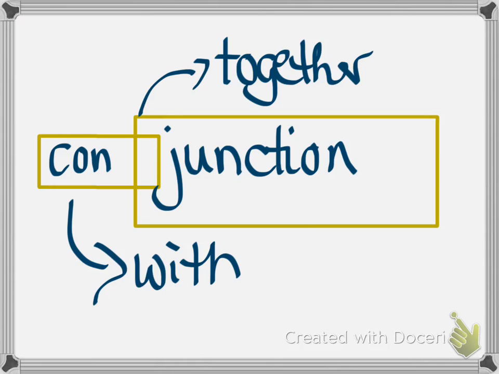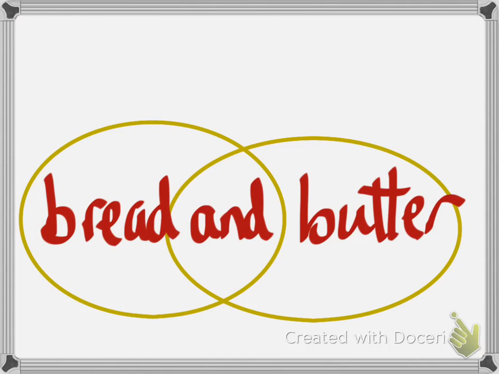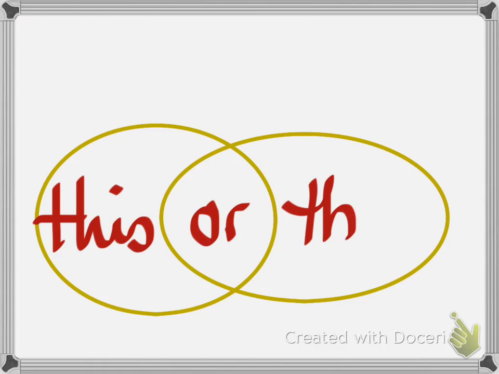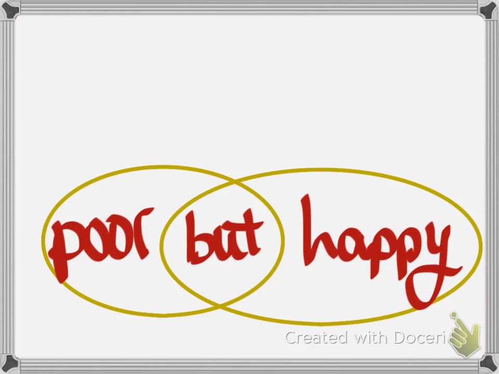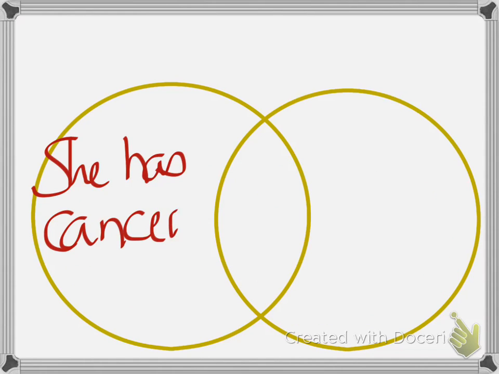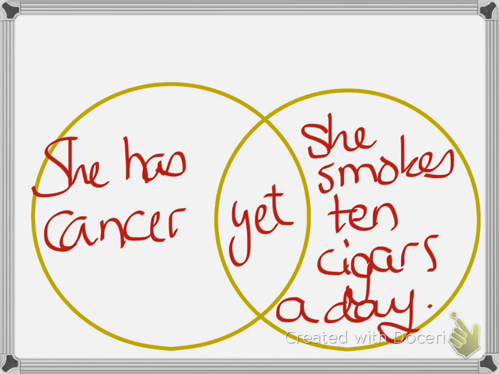So if you think of it, they're conjoined, together with other things. Bread and butter. This or that. Poor but happy. She has cancer, yet she smokes 10 cigars a day.